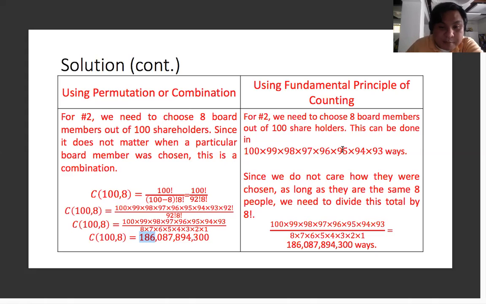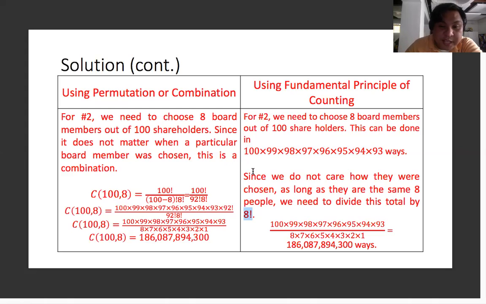Now, the problem with this one is that it considers how they were chosen. And since this is a combination, it does not matter how they were chosen, so whatever this product is has to be divided by 8 factorial. Because 8 factorial refers to the number of ways these 8 board members could be arranged, whether in terms of being picked as a board member, or if you think of it as a line, the first person picked being the first person in the line, and so on.